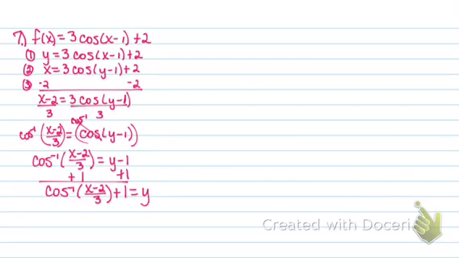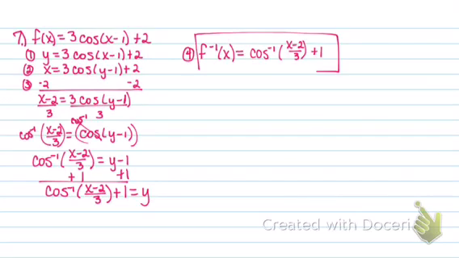And then remember step 4 is to replace y with the inverse of f of x. So we have the inverse of f of x equals the inverse cosine of (x - 2) over 3 plus 1. So there's our inverse. And now we still have to find the domain.